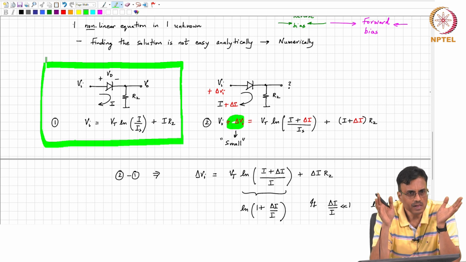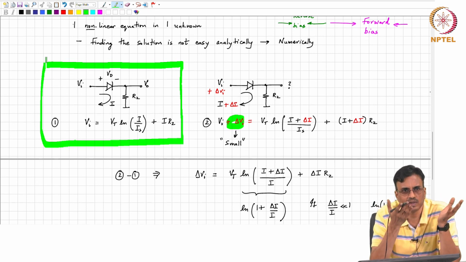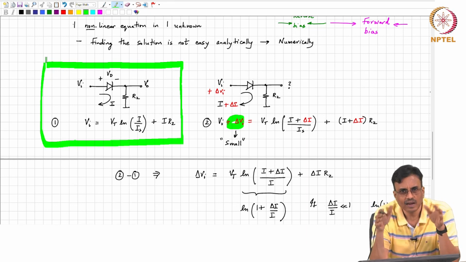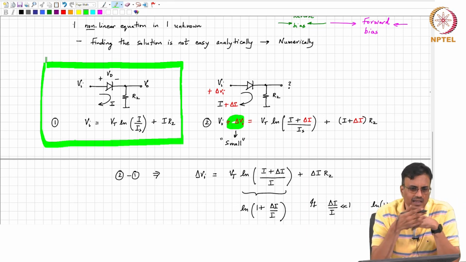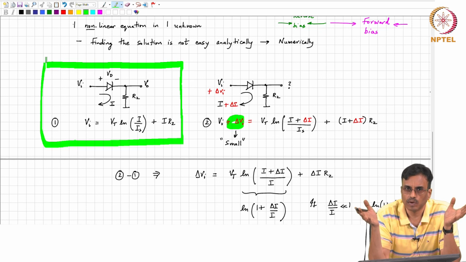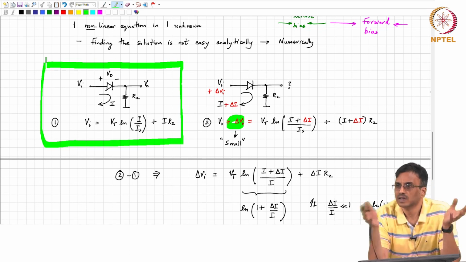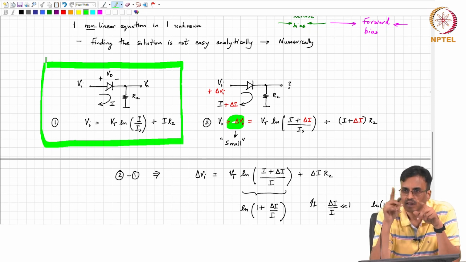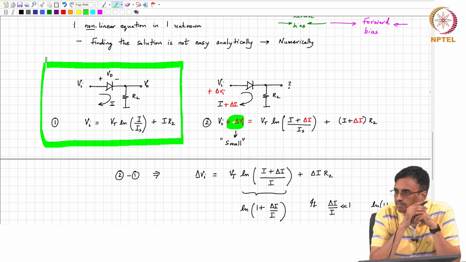Does it make sense, people? Yes. Right? What we are doing for the simple one, we will do for the more complicated one, except that now we have more variables and more equations, and the equations are also coupled, right. So, for example, if you put a diode between two nodes, the current flowing through the diode is Is times exponential of (V1 minus V2) by Vt and all that stuff.